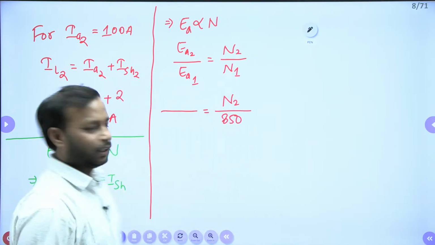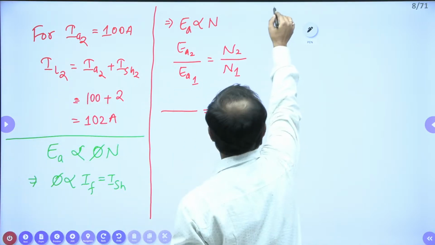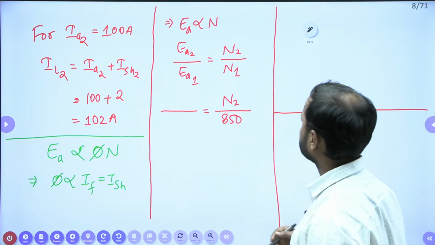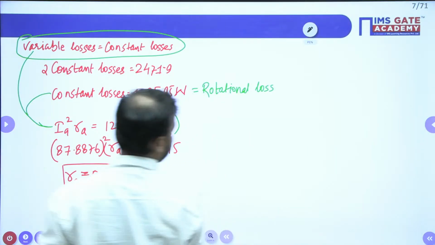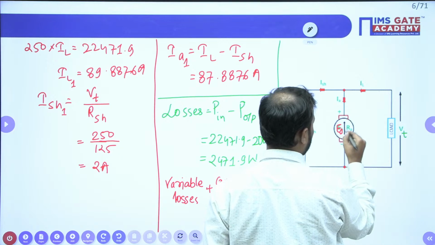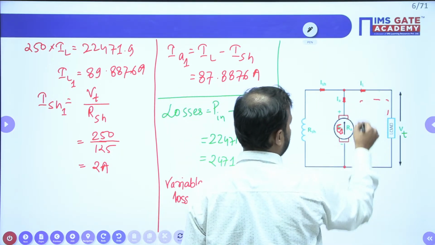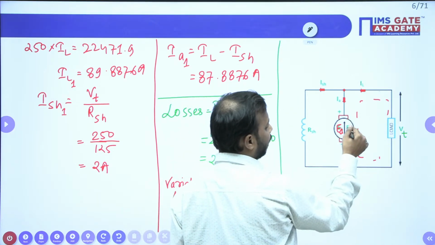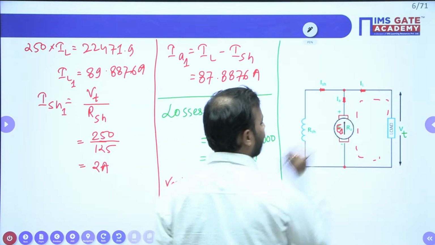All right, so let us move ahead. How to calculate EA1? If you apply KVL in this loop, VT equals IA RA plus EA, where the resistance is inside the armature.